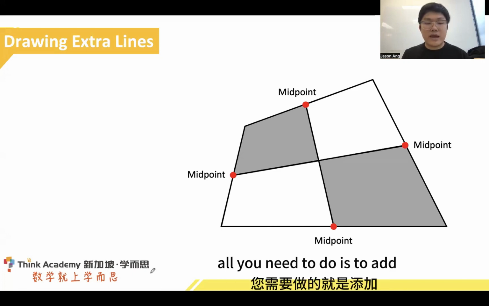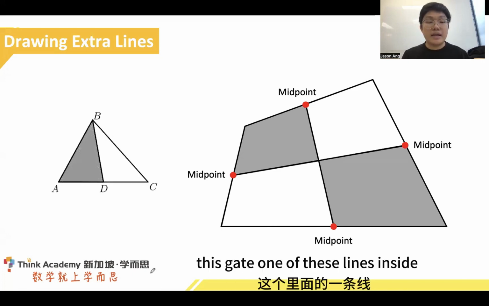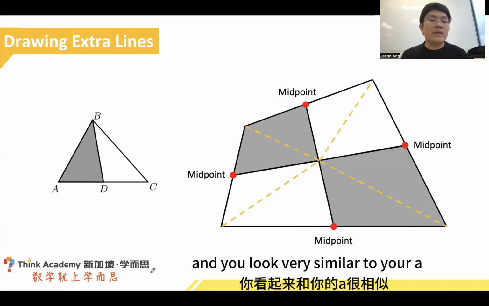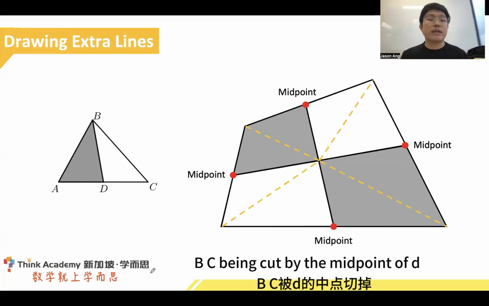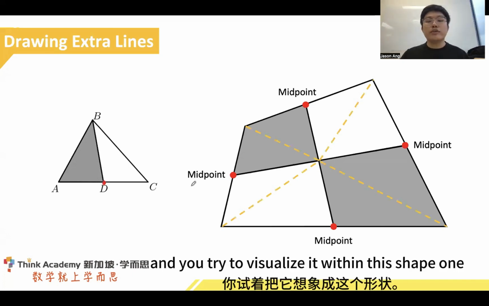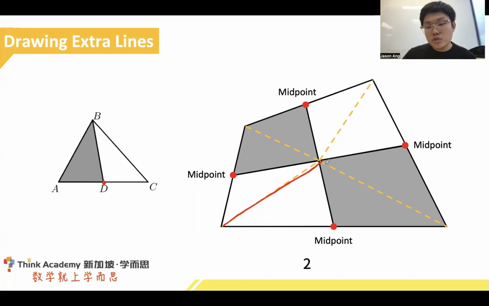All you need to do is to add these few lines inside. And it will look very similar to your A, B, C being cut by the midpoint D. So you look at this D over here, and you try to visualize it within this shape. 1, 2, and 3.